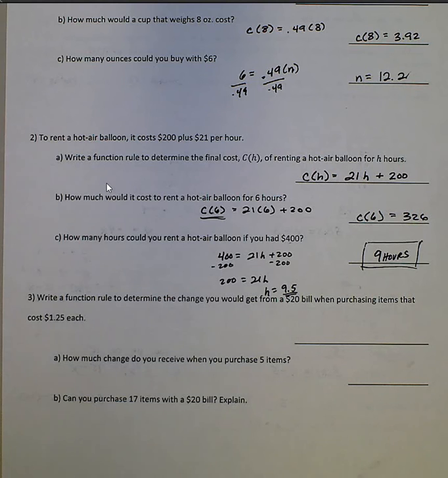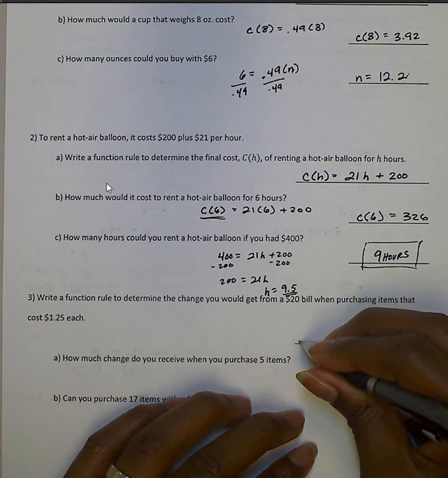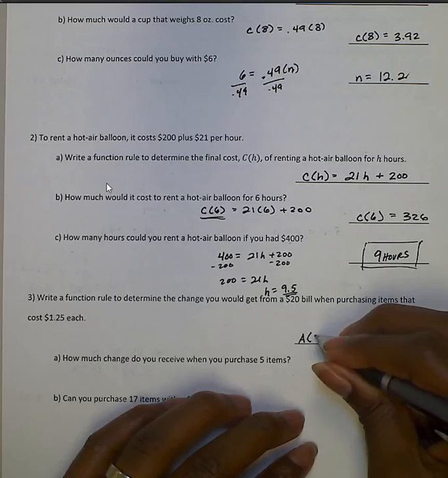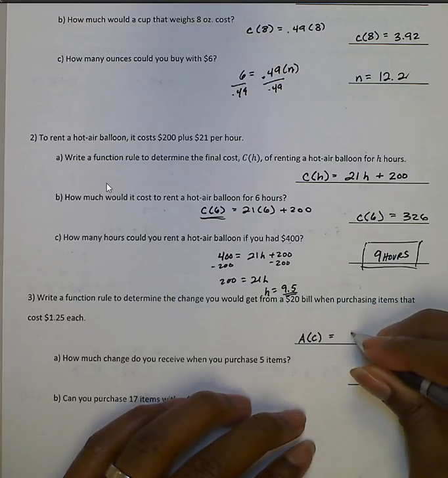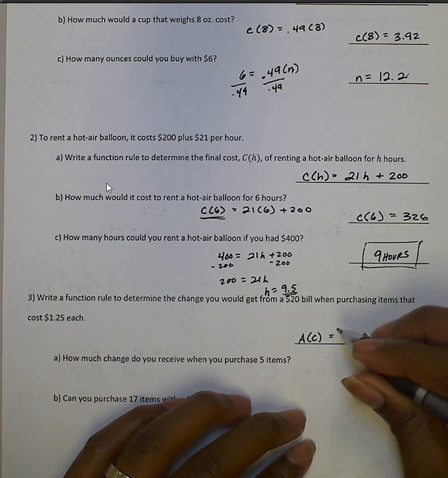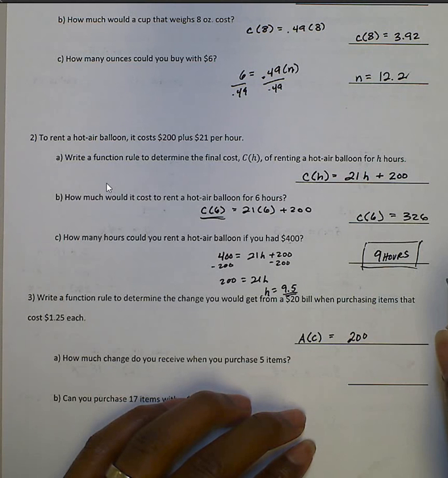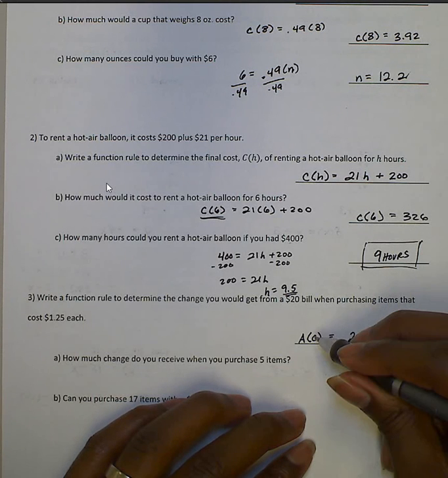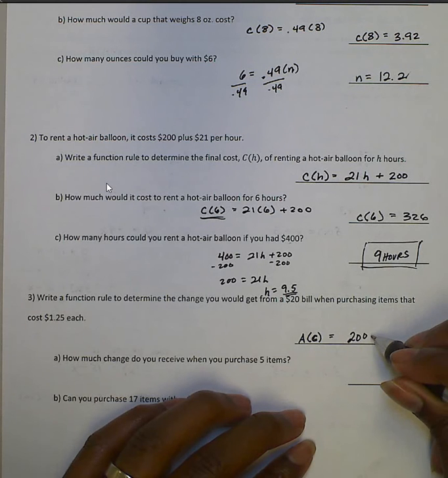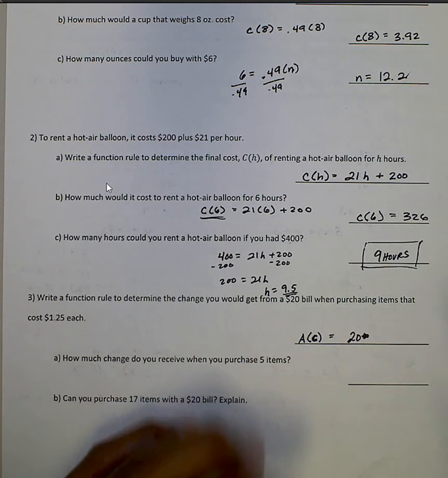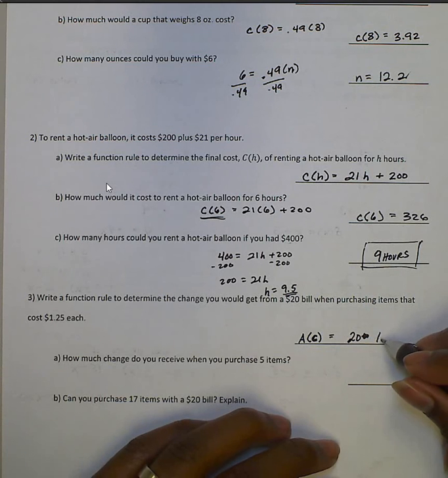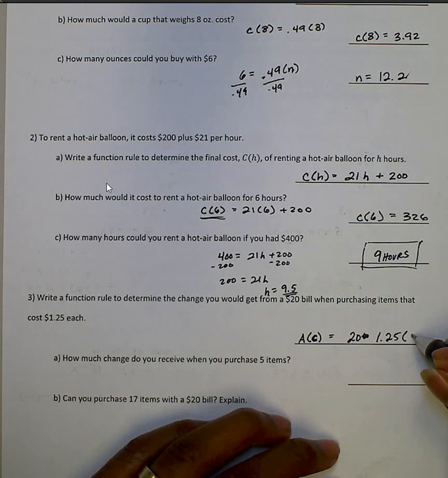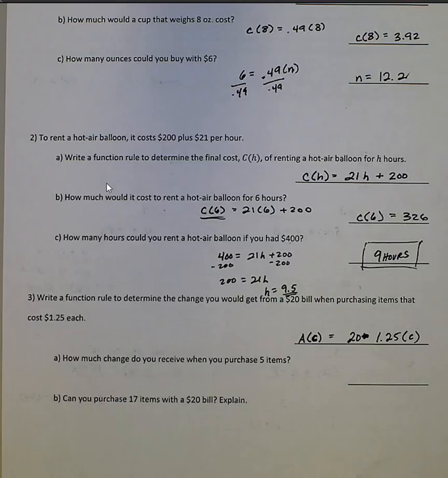So amount of change A equals 20 minus 1.25 C, where C is the number of items I'm getting.